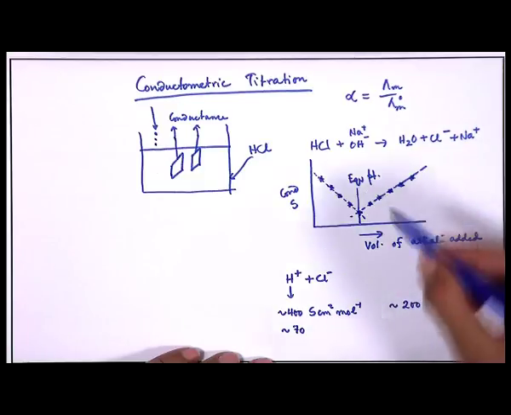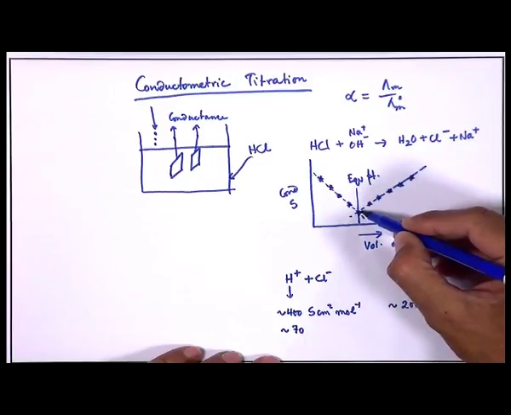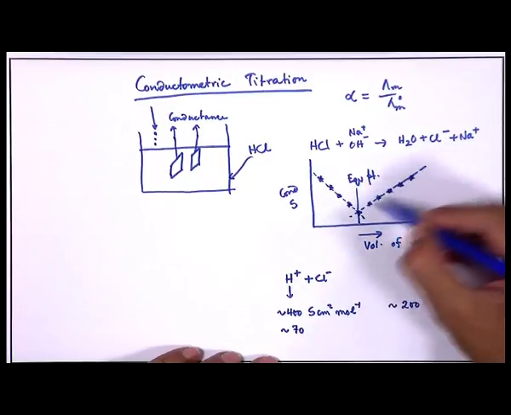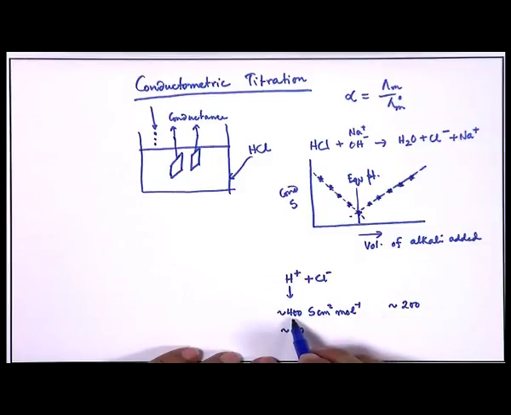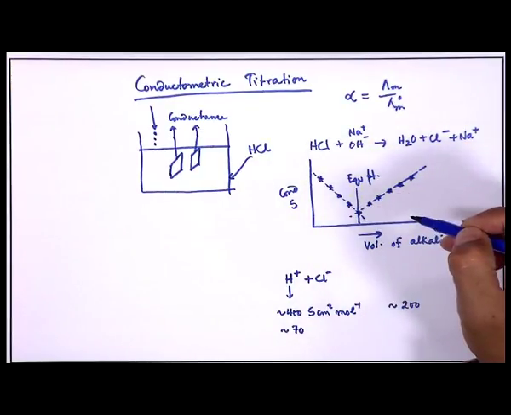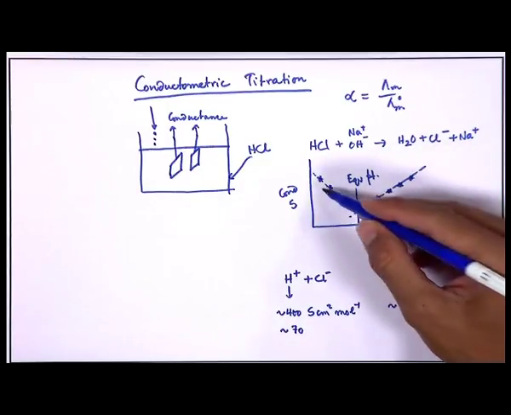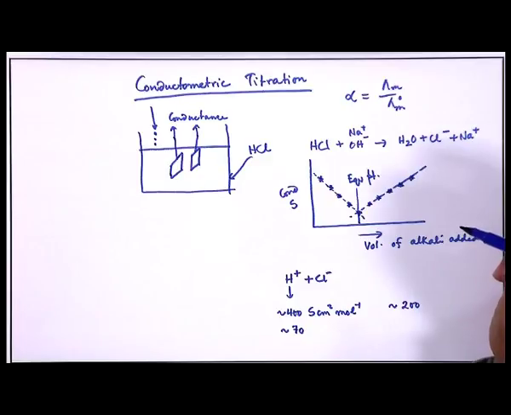So, after reaching this minimum, it again starts to increase steeply, but this slope will not be as steep as the earlier one, because the conductivity of H plus ion is almost double that of OH minus. So, this way you can find the equivalence point of an acid base reaction by conductometric titration.